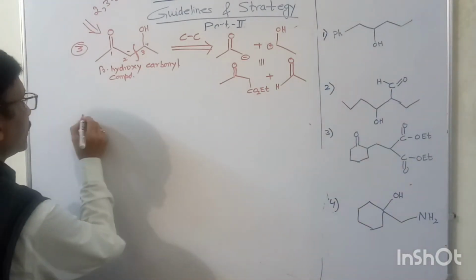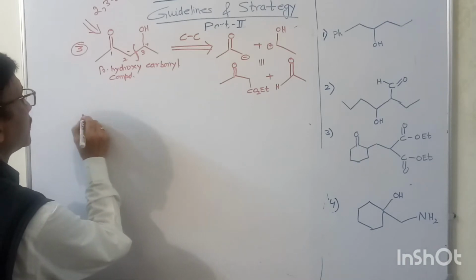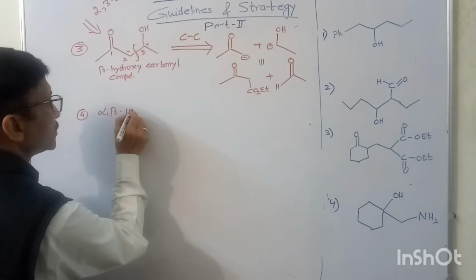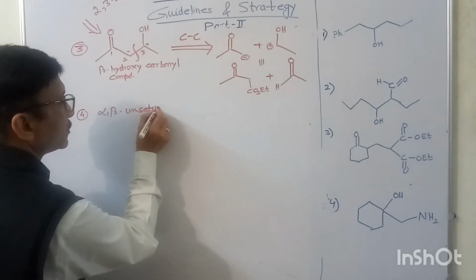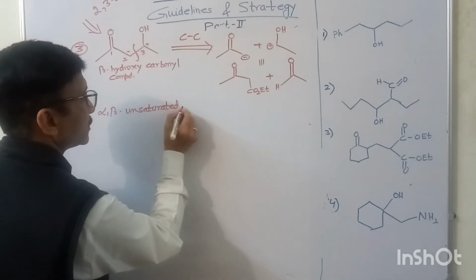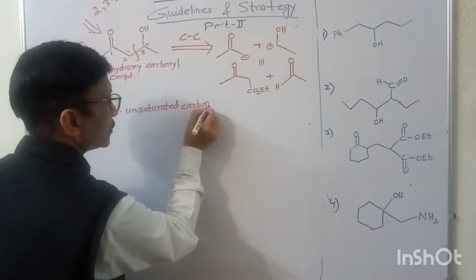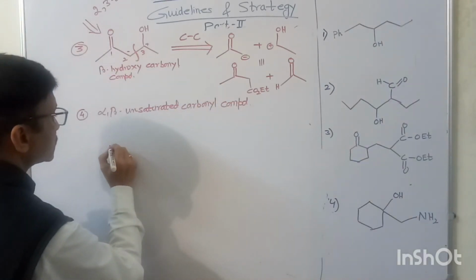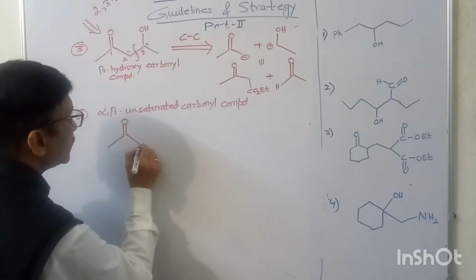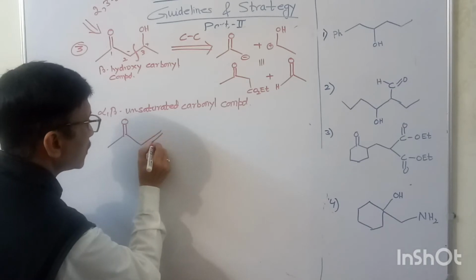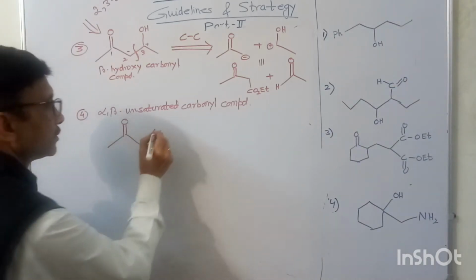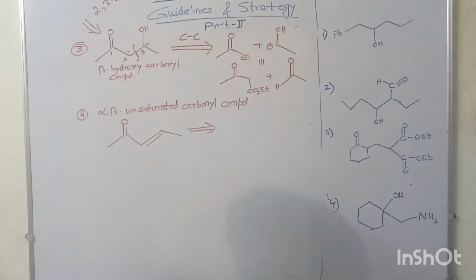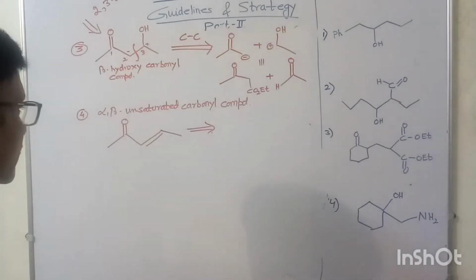Now suppose we have an alpha beta unsaturated carbonyl compound. How can we disconnect it?